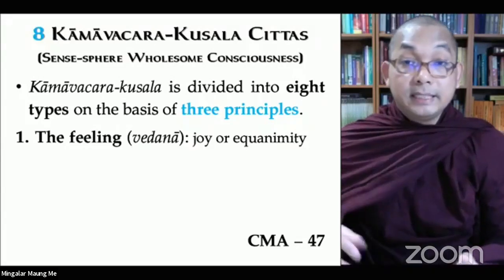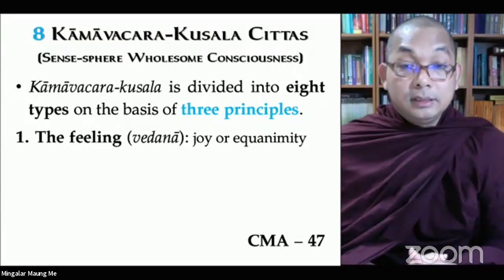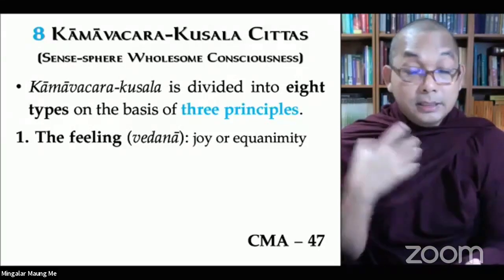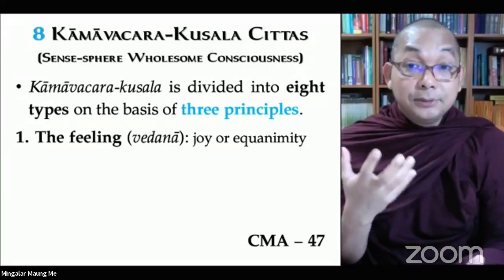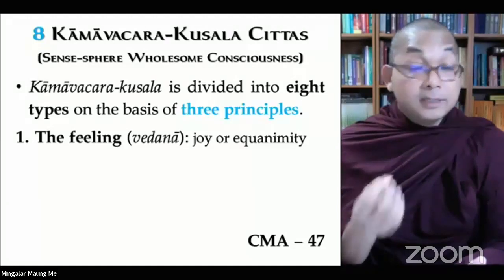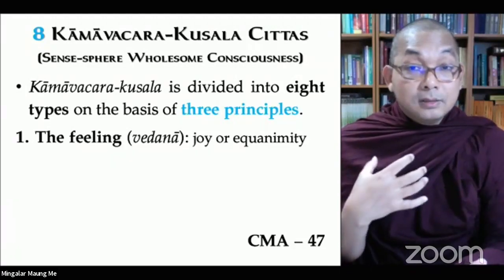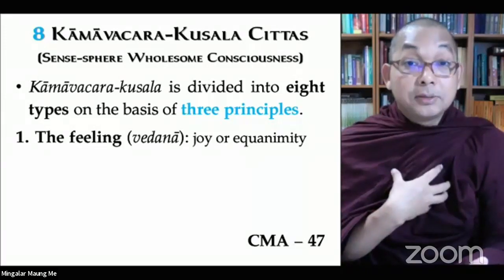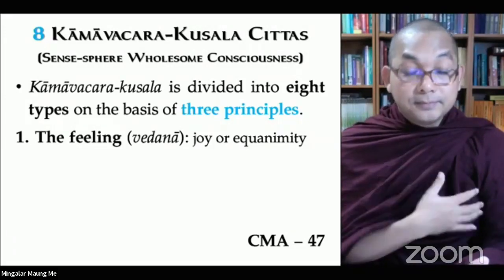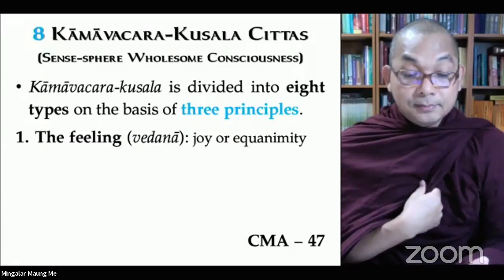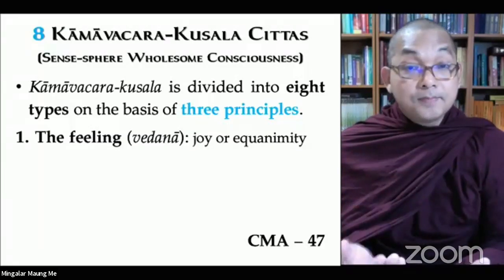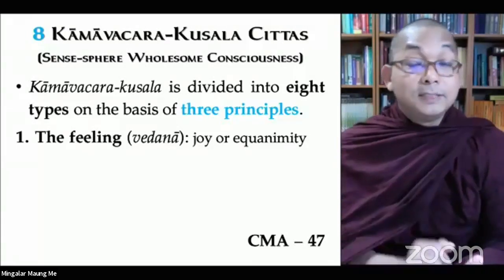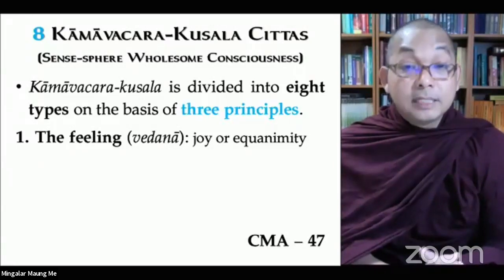Actually, we already learned in Akusala Chaita, joy: happiness, a pleasant feeling in your mind. A pleasant feeling in your mind is called joy. A pleasant feeling in your body is called pleasure, sukha vedana. But here, equanimity is neither pleasant nor unpleasant, a neutral feeling. That's called equanimity.